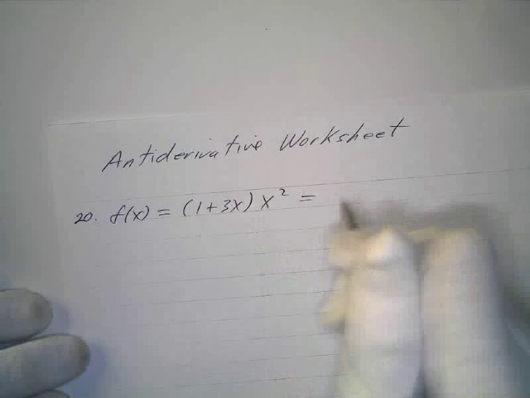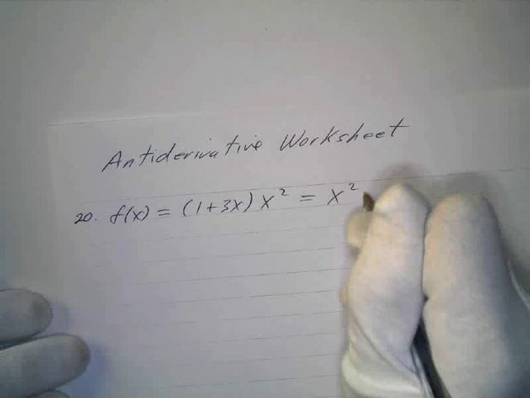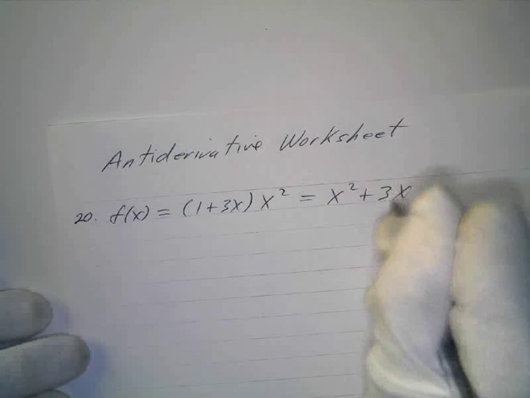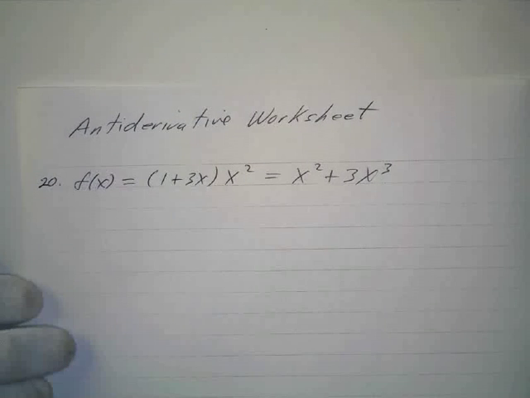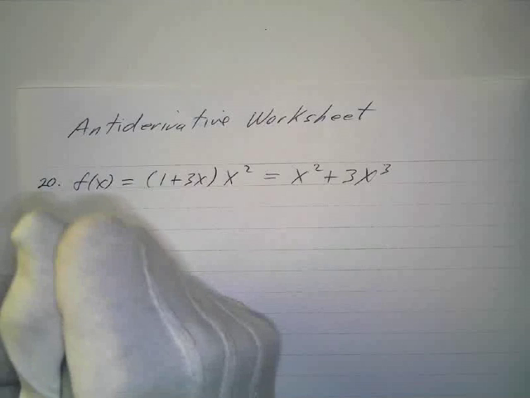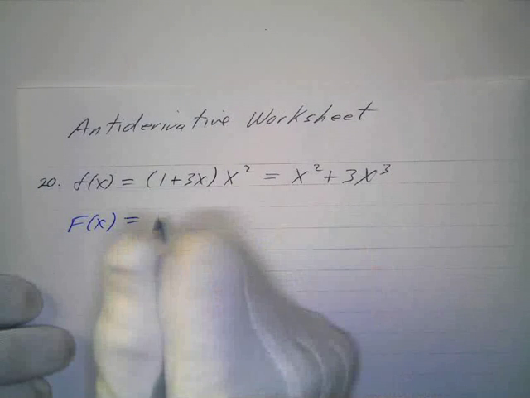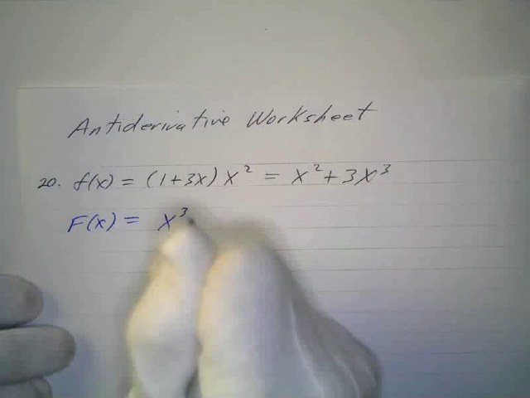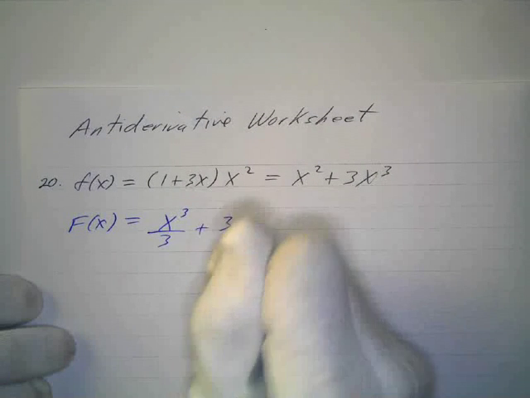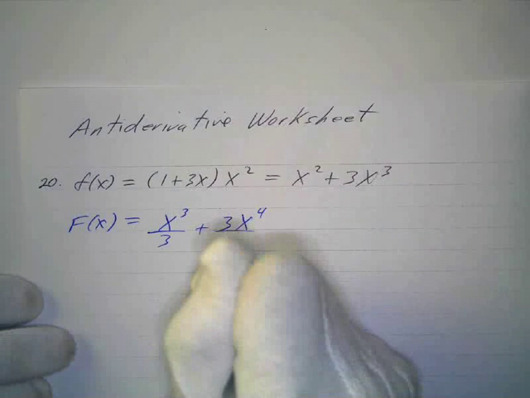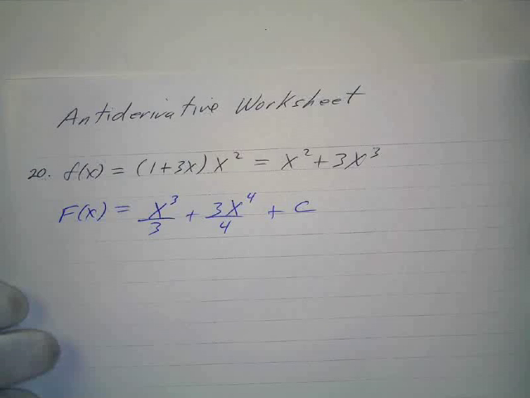I don't think we could anyway. So we multiply it out, we get x squared plus 3x to the third. So there we go. All right. F of x would equal, and then again, this is going to be x cubed over 3 plus 3 x to the fourth over 4 plus c, and I don't think I can simplify that, so I think I can just leave that like that.